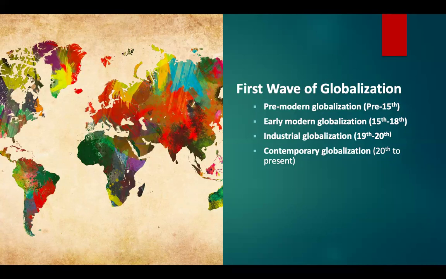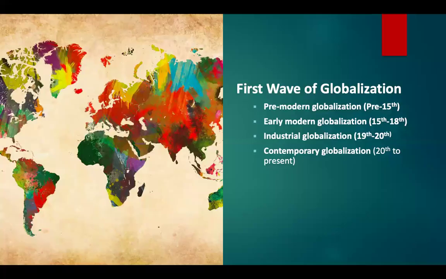These waves represent different periods of increased global interconnectedness through trade, migration, communication, and cultural exchange. To understand the waves of globalization, historians and economists often categorize globalization into four major stages, or waves, each driven by specific transformations in trade, production, and migration.